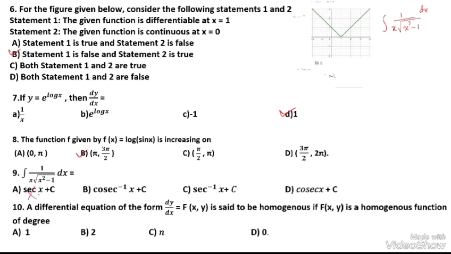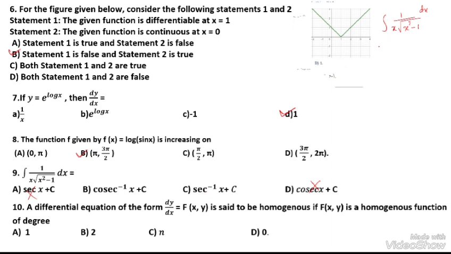Therefore, I will discard option number 1 and option number D directly, because the answer should be in an inverse function. So I will take x as a first. There are two possibilities. When we take x as a cosec or sec function, we have to check the options.